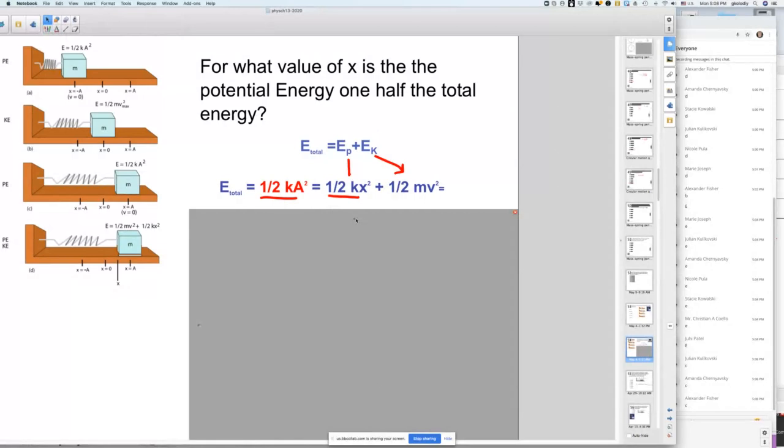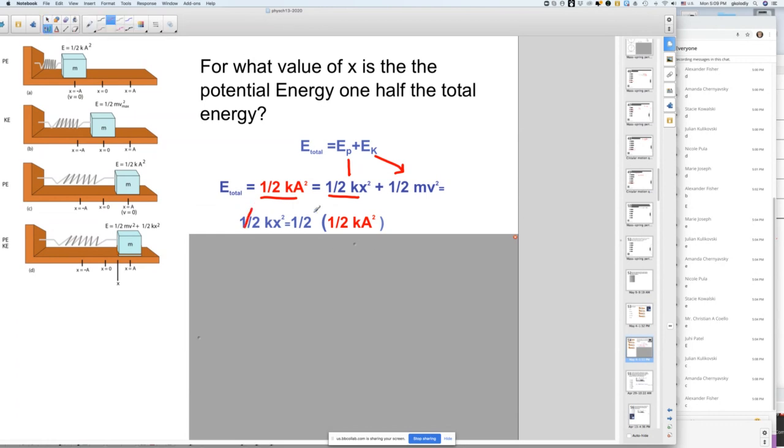Okay, so all right, so basically what we're asking you is solve for x. For what value of x is 1/2 kx squared, which is the potential energy, equal to half the total energy? The other half obviously would be kinetic. So you can see the halves cancel here. And in kx squared, the k's cancel.